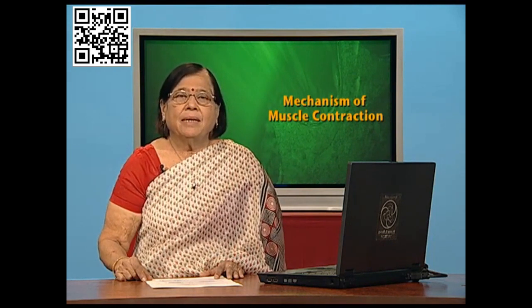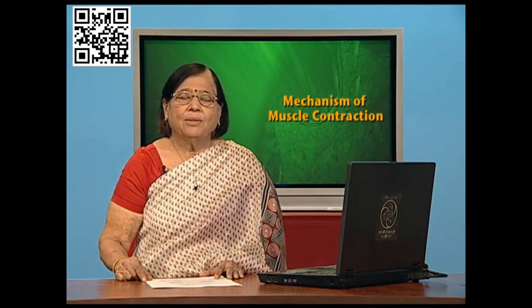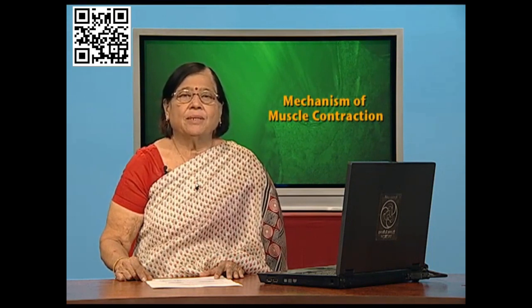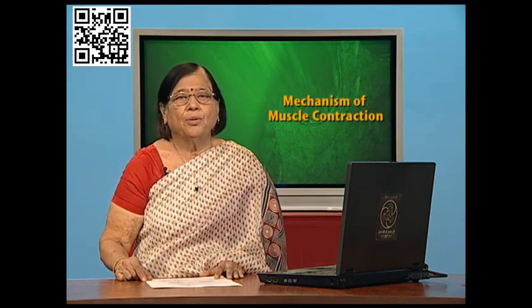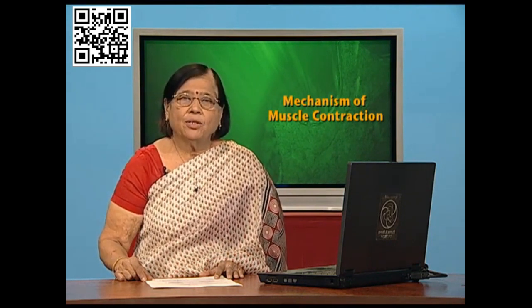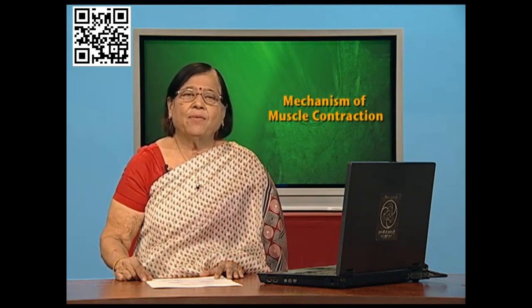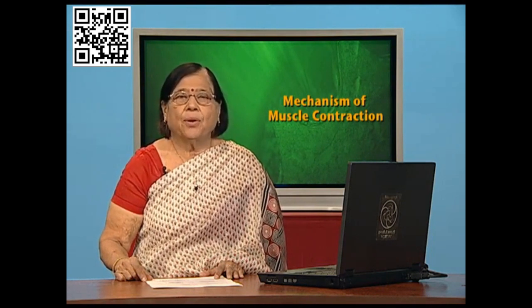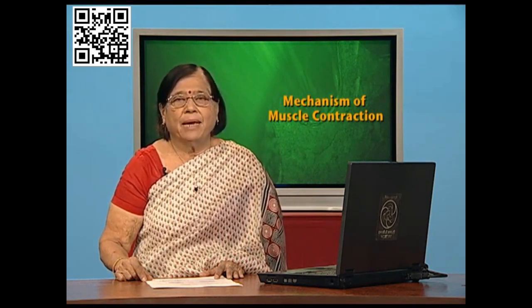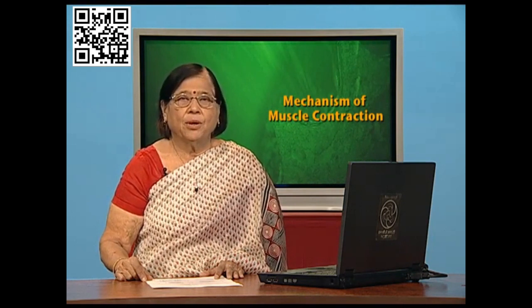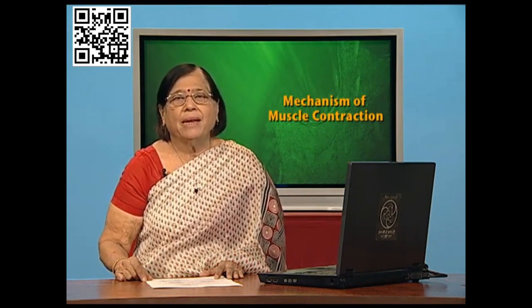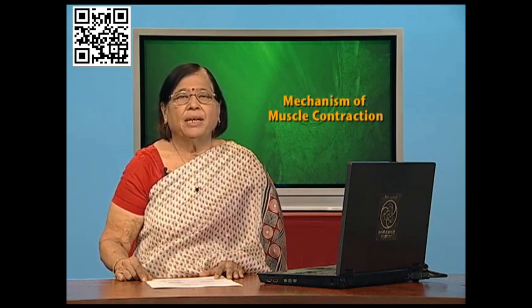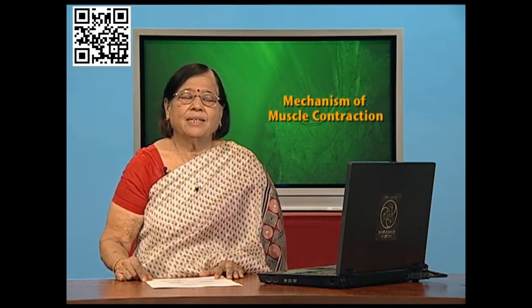That means stimulation comes to the central nervous system and then takes the message by motor neuron to the muscle. That will also mean that the stimulus will come through a sensory neuron and will be sent back with a message by motor neuron. Hence, when we talk of the mechanism of muscle contraction, we shall start the discussion with the central nervous system.